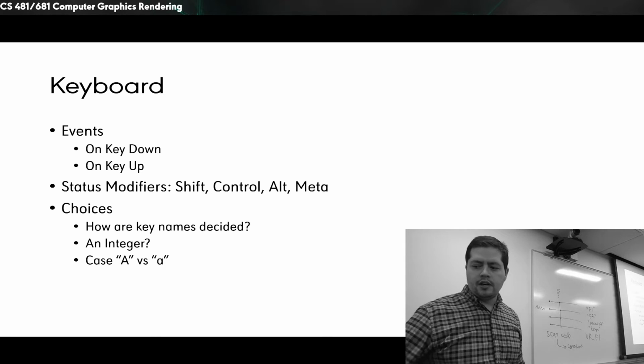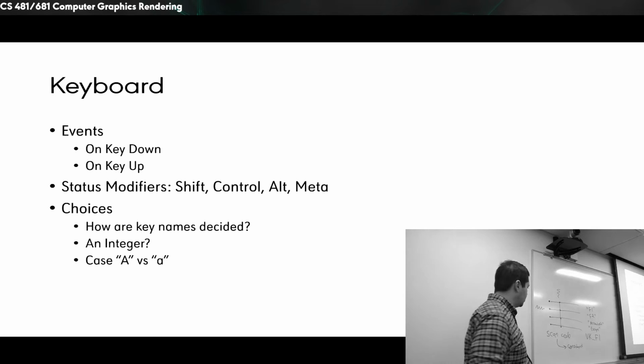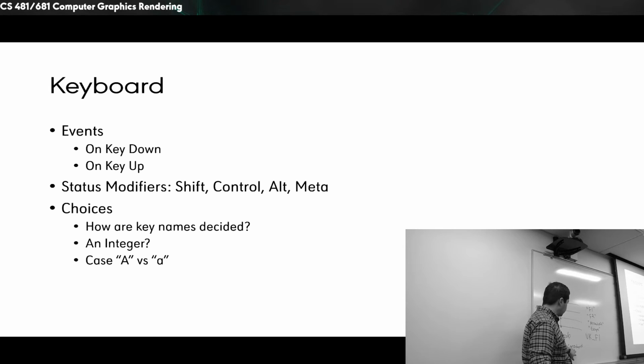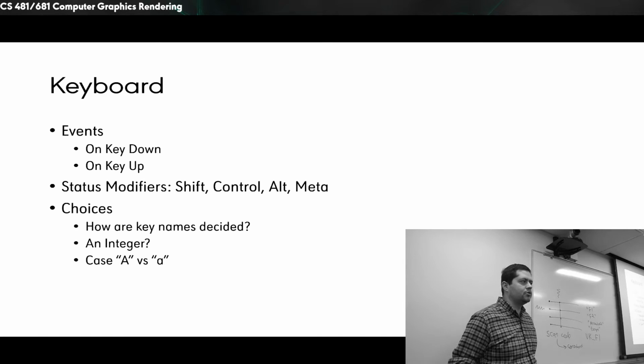Okay, so there's a few. You can read up on this type of stuff, but this is some of the complexities that go into using the keyboard for input, and that is you normally have to just be comfortable with looking up what the key characters ought to be.